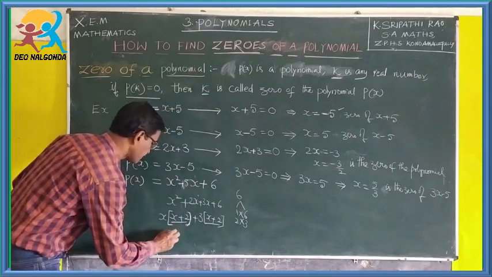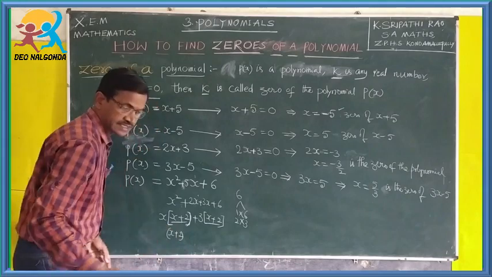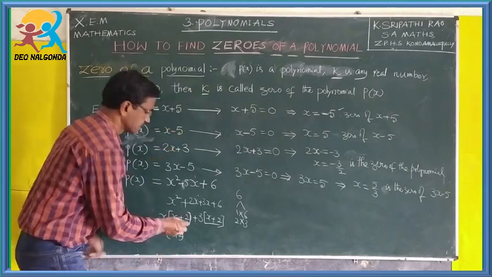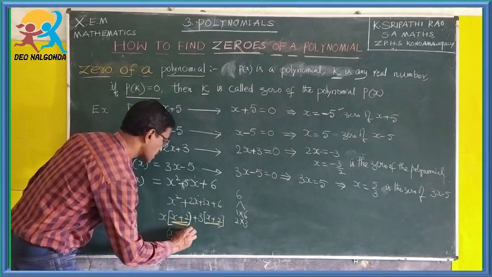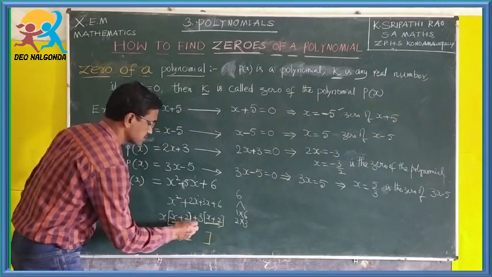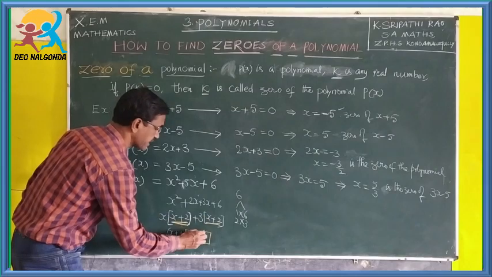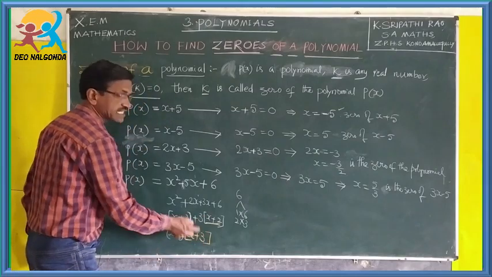Let us write the common factor and then write the other factor. This is the common factor in these two terms. Now write x, the remaining factors 3, so x plus 3, and x plus 2 into x plus 3.